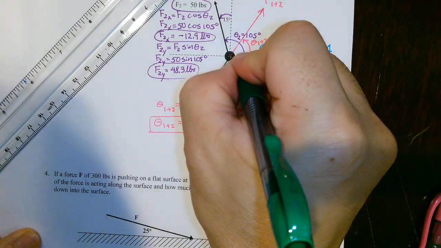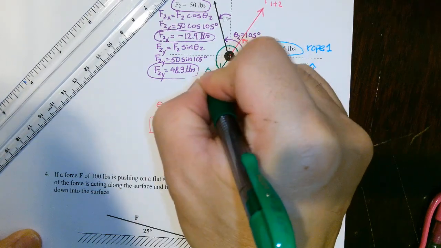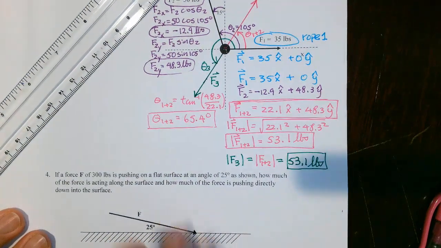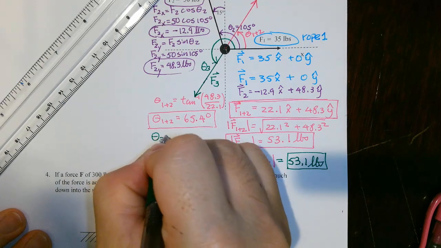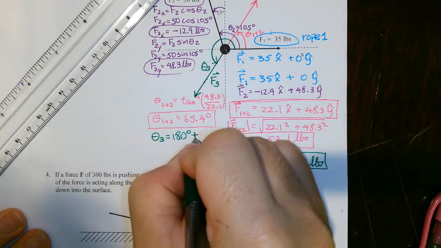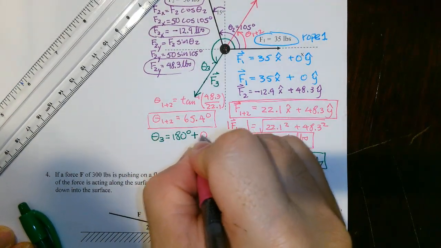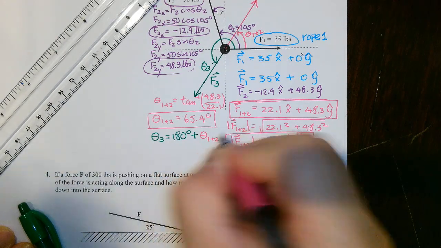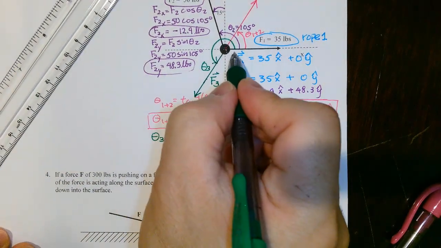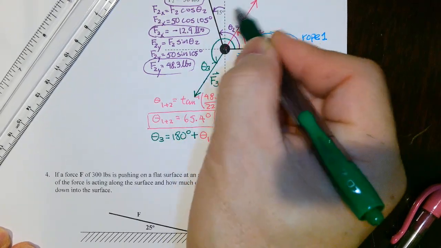But the theta 3, which is this, that is your theta 3. Your theta 3 should be 180 degrees plus your theta 1 plus 2, because from here to here is 180 degrees.